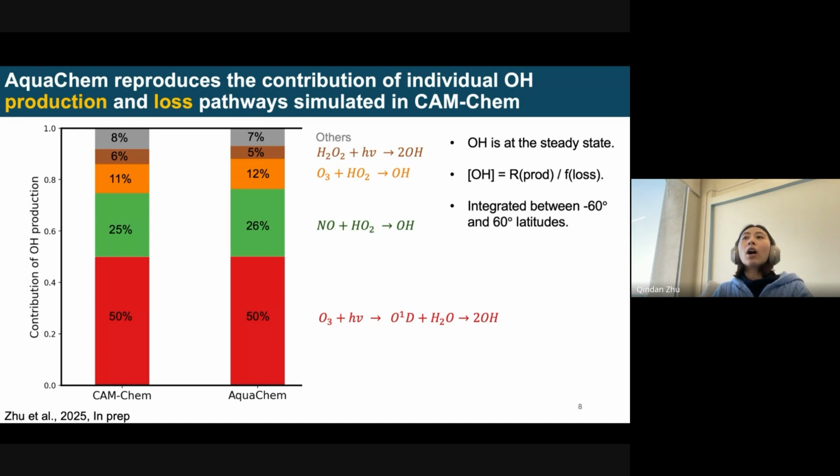We show that across all different clusters of the reactions forming OH, there are 4 reactions that are most dominant, including the photolysis of ozone followed by the reaction with water vapor to generate 2 OH radicals, the reaction between NO and HO2, the reaction between ozone and HO2, and photolysis of hydrogen peroxide. And these 4 reactions alone contribute a total of 92% of the OH production rate. And comparing against ChemChem, AquaChem successfully reproduces the partitioning across different OH production pathways.